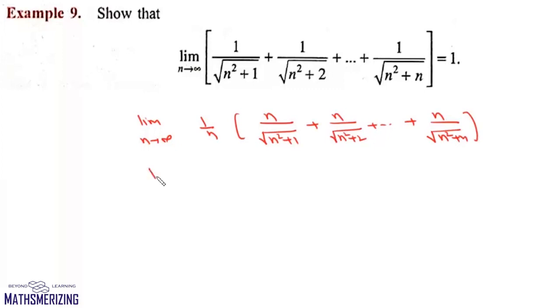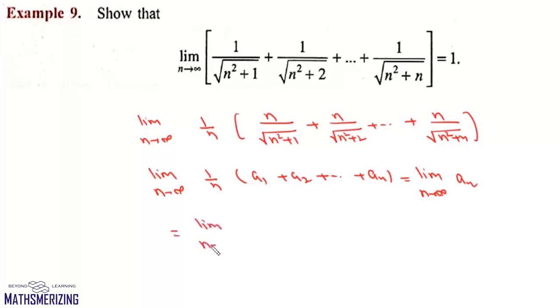Now this limit is of the form limit n tends to infinity 1 by n (a1 plus a2 plus up to an). Now Cauchy's first theorem says this limit is equal to the limit n tends to infinity an. So all we need to do is solve this limit. Now what's an? An is n upon under root of n square plus n, and this limit is nothing but 1. So the value of this limit is simply 1.